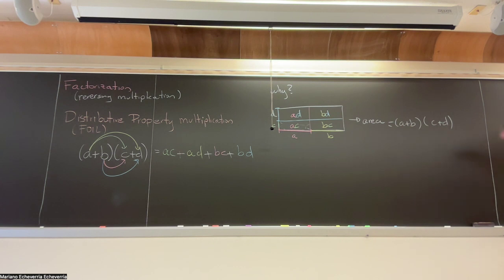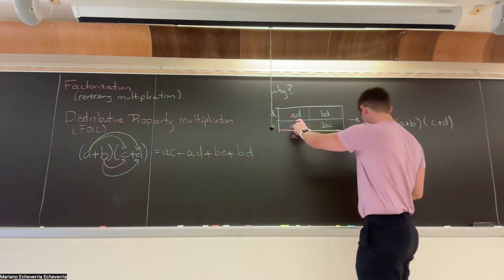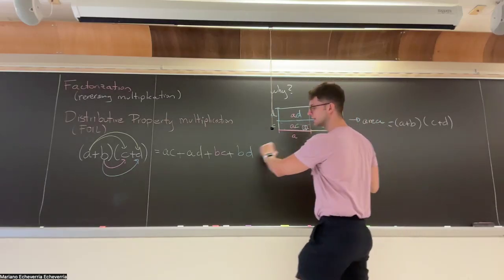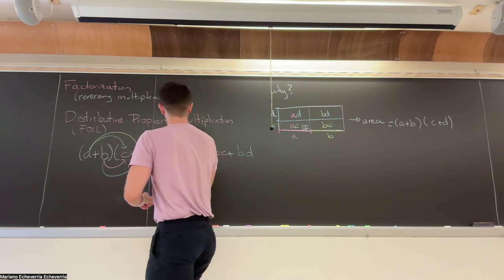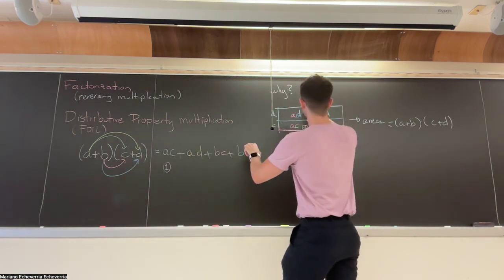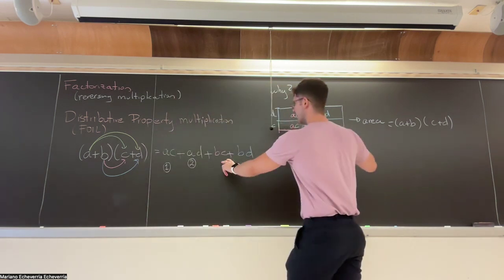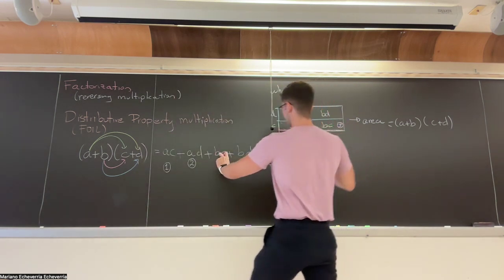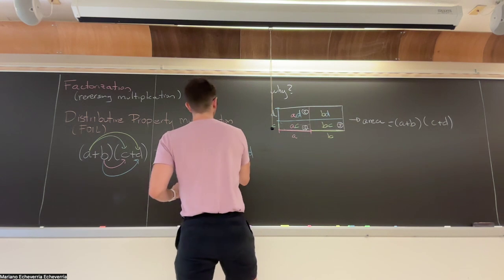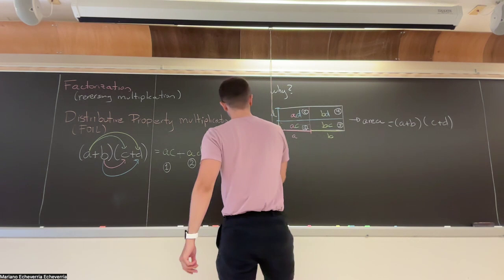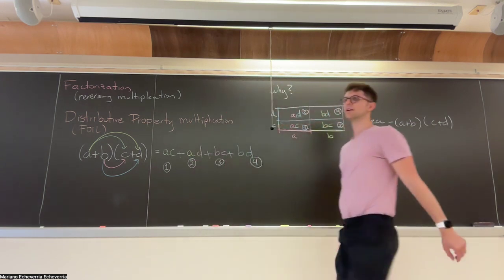If you compare these areas, area one is right here, area two, where is AD? AD is right here. Area three is this one, and the fourth rectangle is right here, in the way I wrote it.